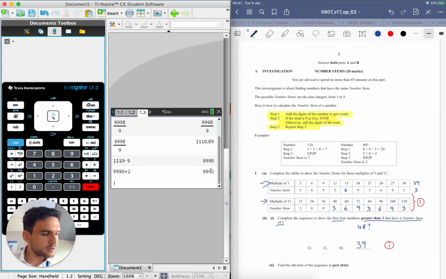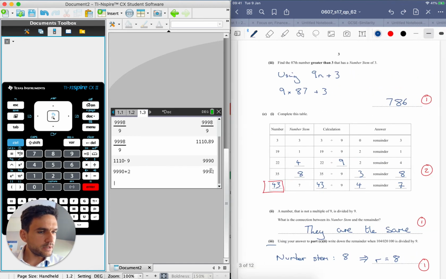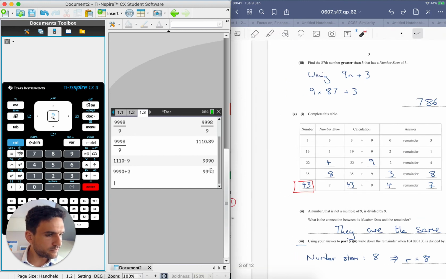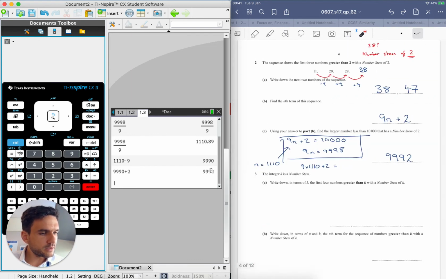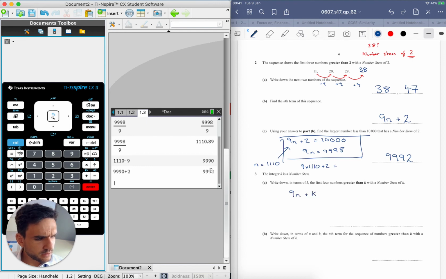One of the things I noticed that was consistent across both my answers was that we ended up with 9n both times: 9n plus 3 for a number stem of 3, and 9n plus 2 for a number stem of 2. That makes me think it's going to be some form of 9n plus k.